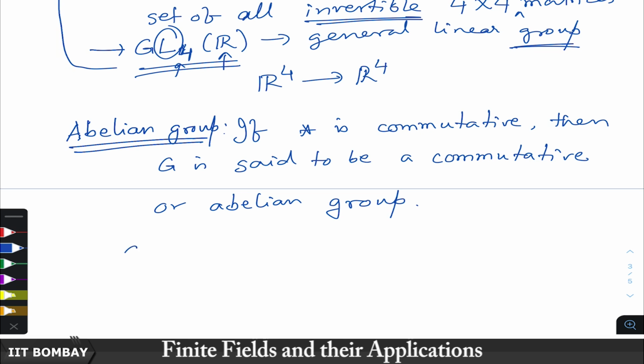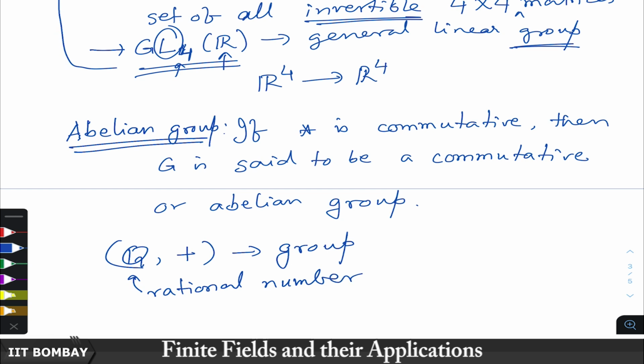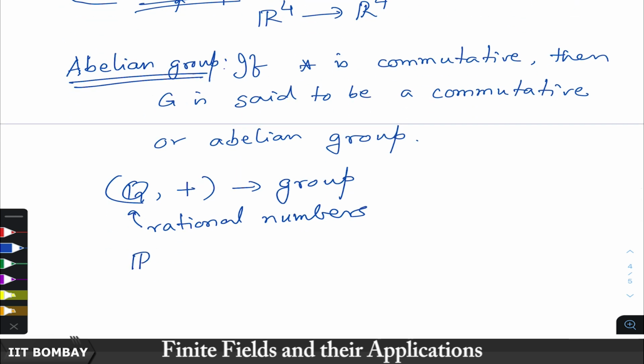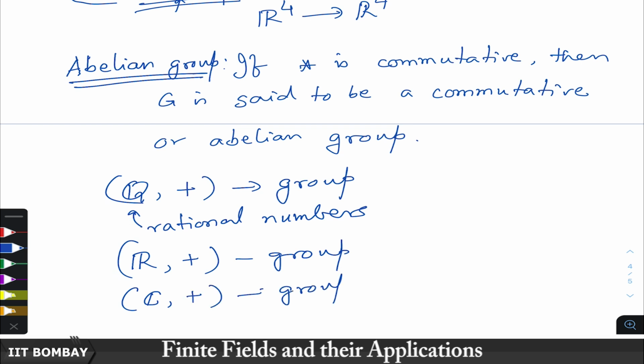There are many more abelian groups, for example, the group of rational numbers under addition. This is the set of rational numbers. Similarly, you can take the set of real numbers also, this is a group. These are all abelian groups. You can take the set of complex numbers with addition, these are groups. In all these groups, the number 0 is the identity element.